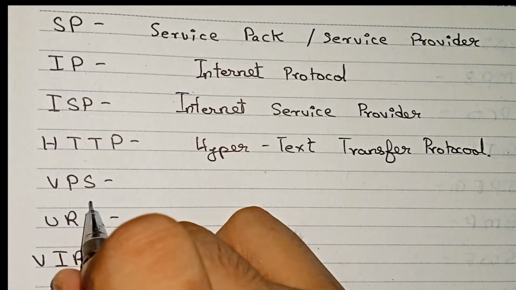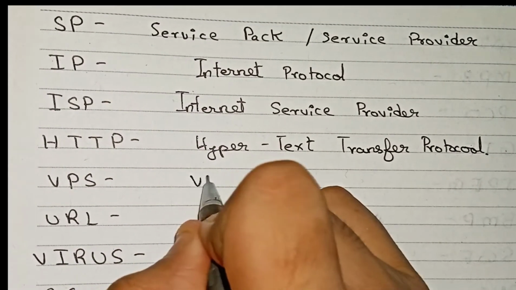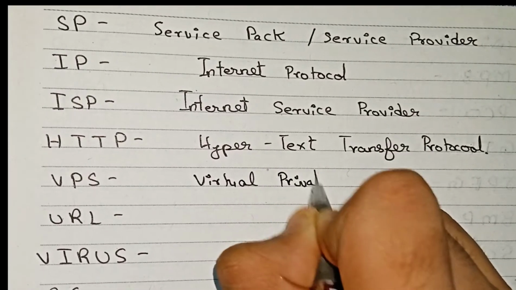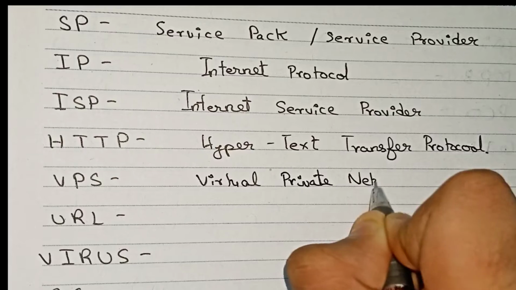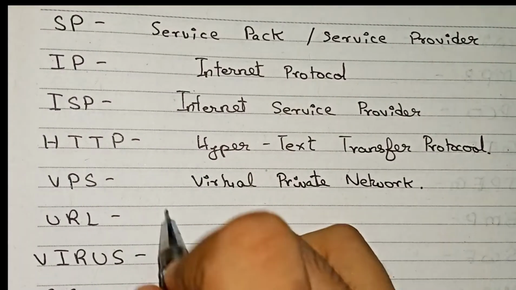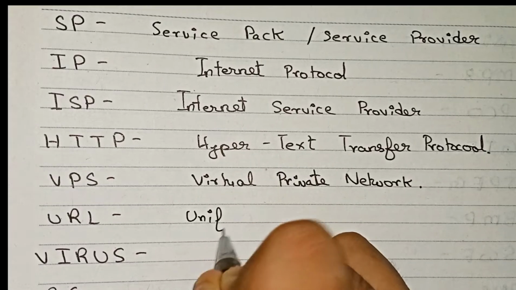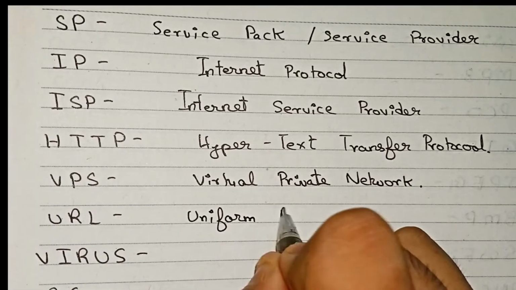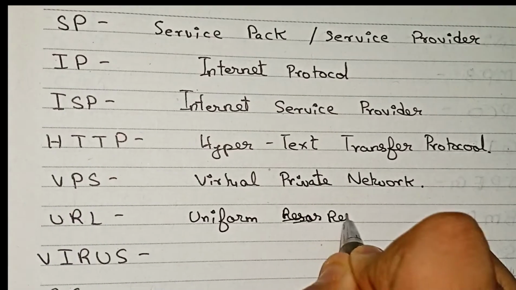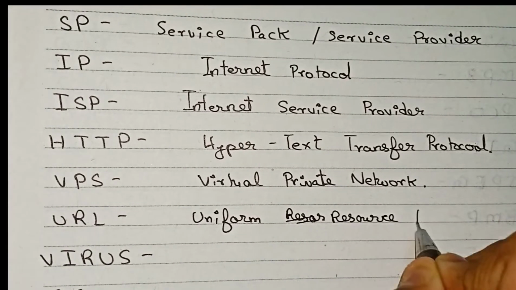Next is VPN, that is Virtual Private Network. Next is URL, that is Uniform Resource Locator.